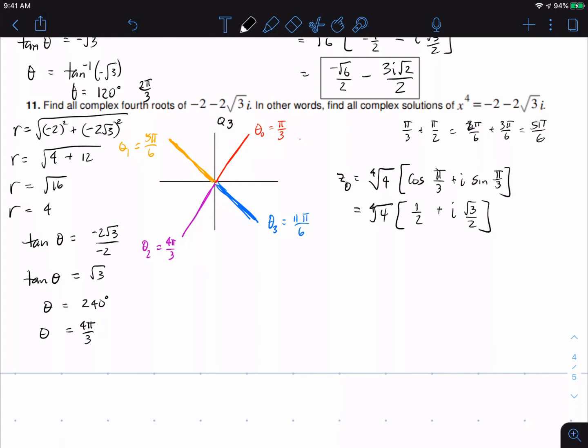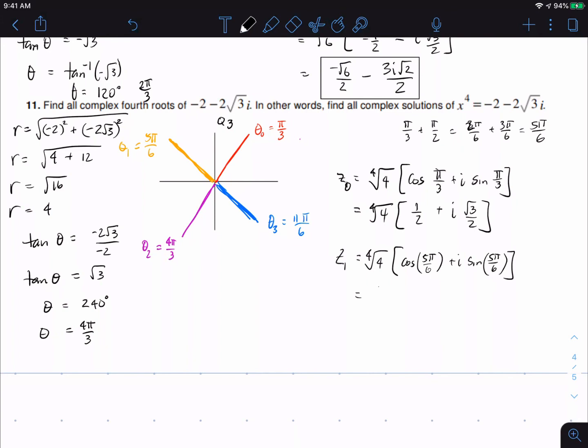This is actually Z0. My apologies. Z1 is going to be the fourth root of 4 times cosine of 5 pi over 6 plus i sine of 5 pi over 6.